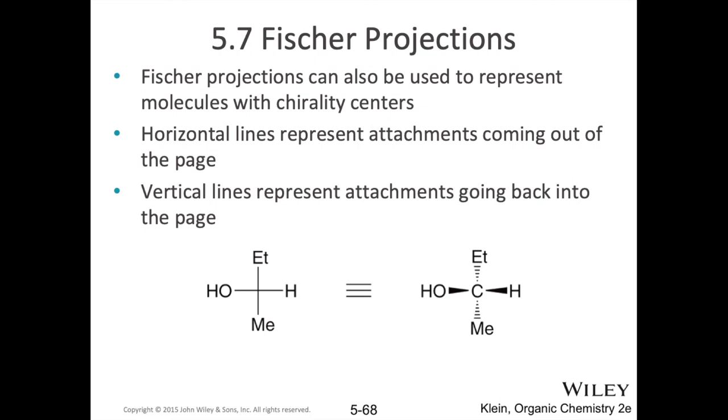Okay, I earlier mentioned carbohydrates. Now, when it comes to designating or illustrating the three-dimensional stereochemistry of the carbons in your carbohydrate, we can do this using what's called a Fischer projection.